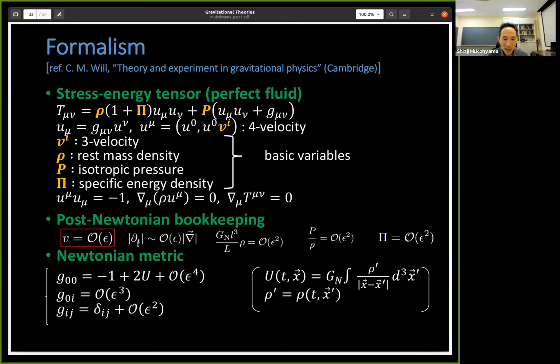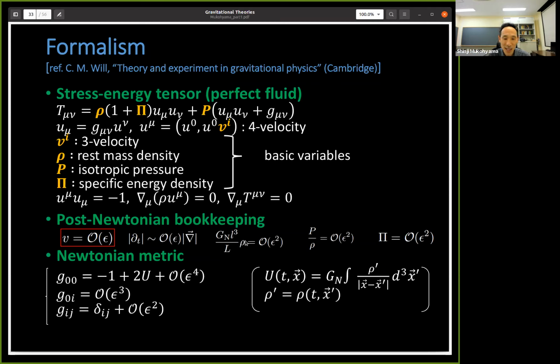This means that the time derivative should be order epsilon higher than the spatial derivative. Also, we consider the potential to be epsilon squared, because if we consider a bound system, then the velocity squared should be balanced by gravity. Sorry, yes, this is the potential.